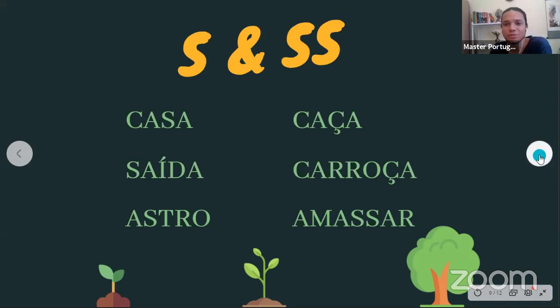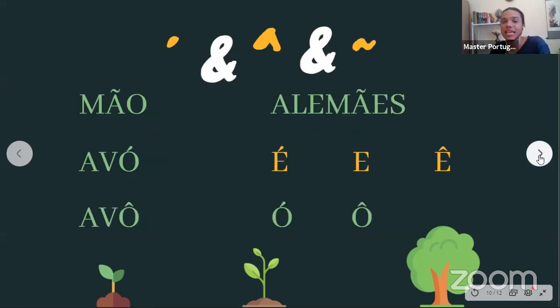E os acentos, like the accents that you find at the top of words sometimes. This is called acento agudo, acute accent. Every time that you see this accent, it's an open vowel sound. This is called acento circunflexo, circumflex accent.